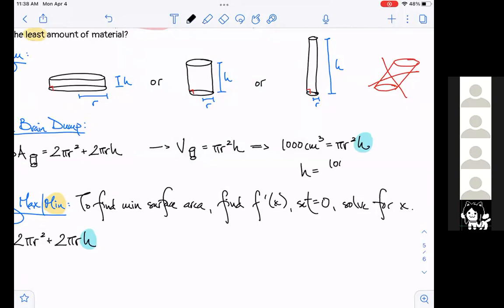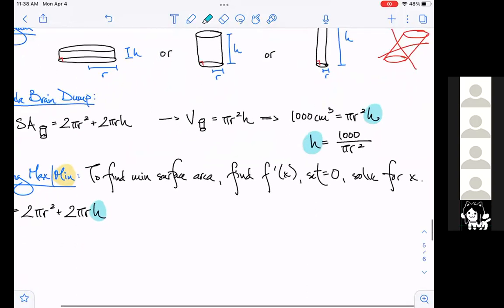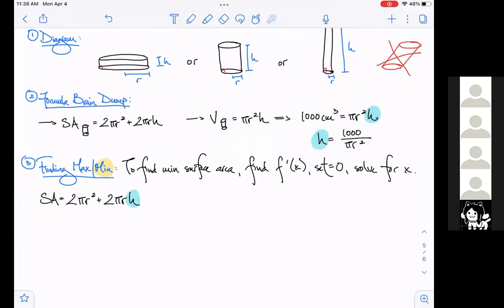So we get 1,000 over pi r squared. And everywhere we see an h in the equation we want, we can replace it with 1,000 over pi r squared. So down here in the blue, we're going to have 1,000 over pi r squared.